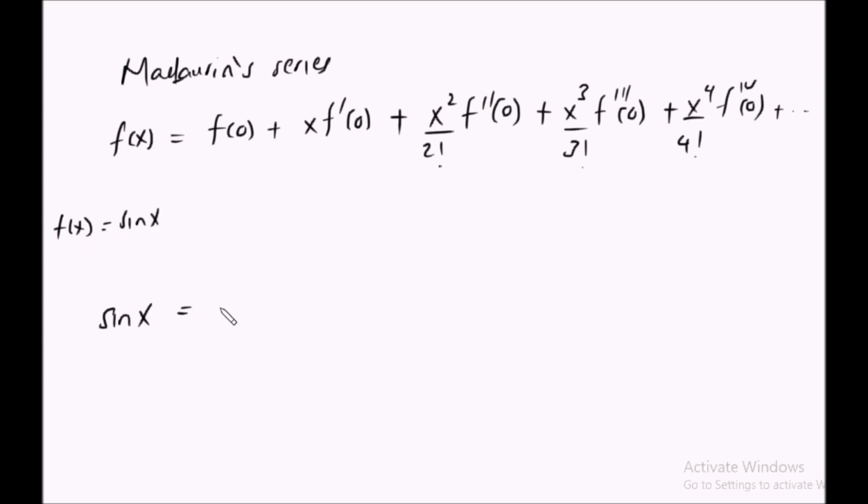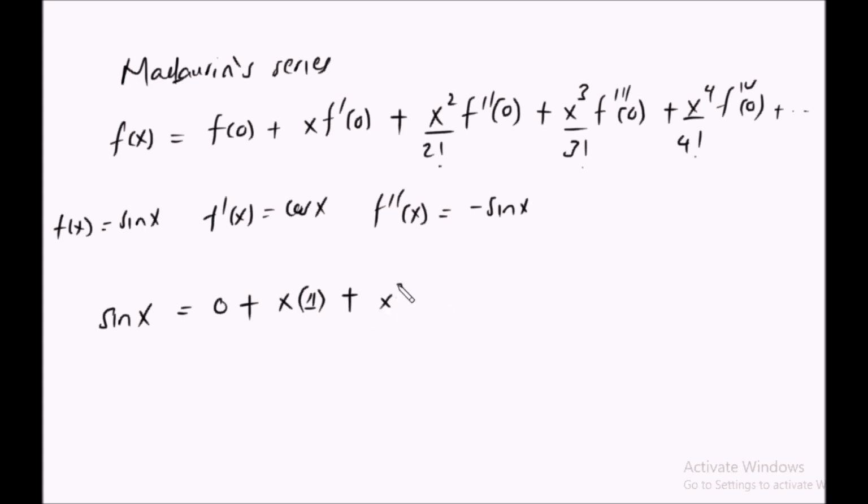So sin of 0 is 0 plus first derivative now of sin of x is cos of x. So it will be x times cos of 0 which is 1 plus, so you're going to have second derivative now of sin of x which is negative sin x.